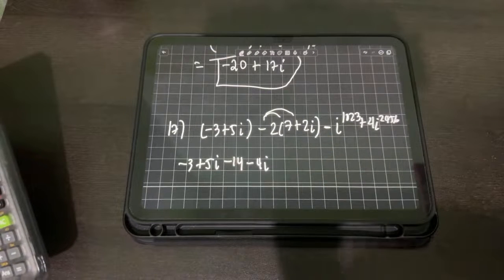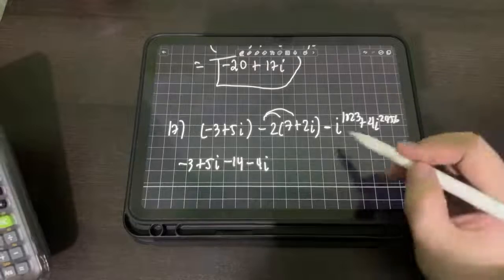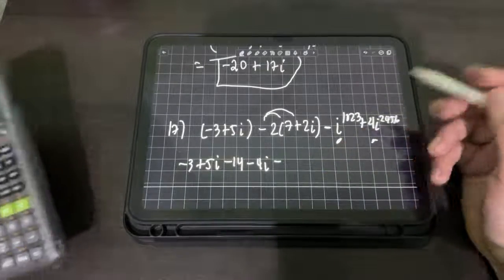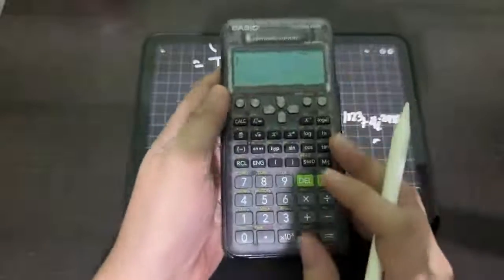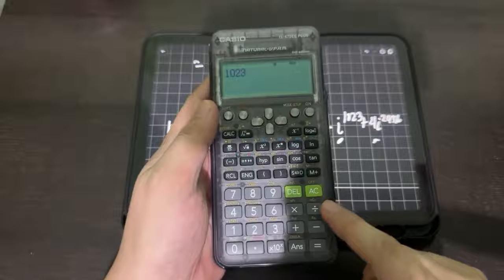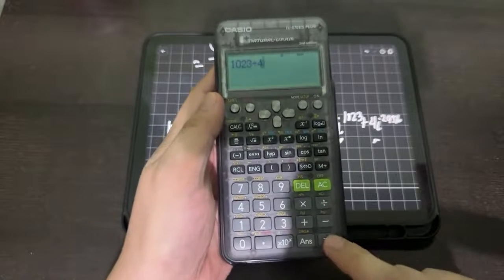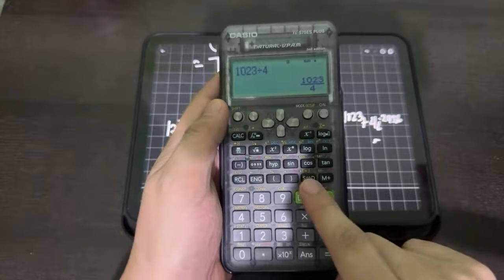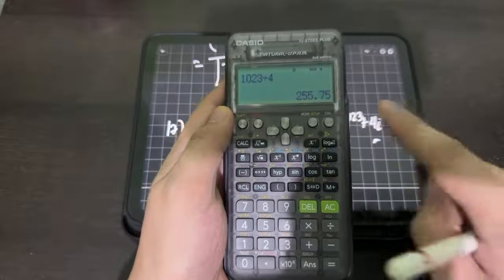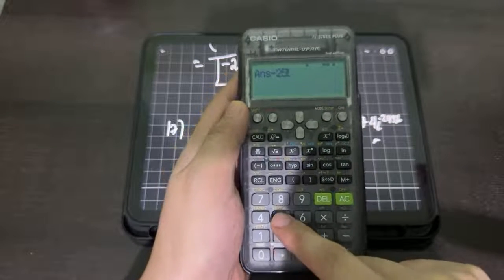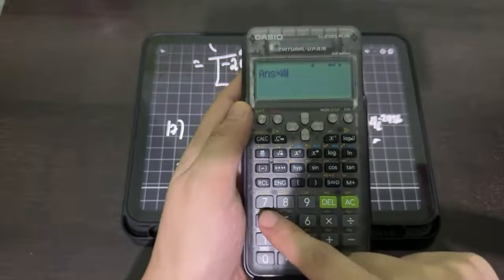Okay. And then, for the powers of i here, we have negative of i to the 1023. So again, let's apply the shortcut. Let's divide the exponent 1023 by 4. So there's a remainder because it is a fraction. Convert to decimal, press this button. Subtract from this the whole part, 255. So minus 255. Then times 4.